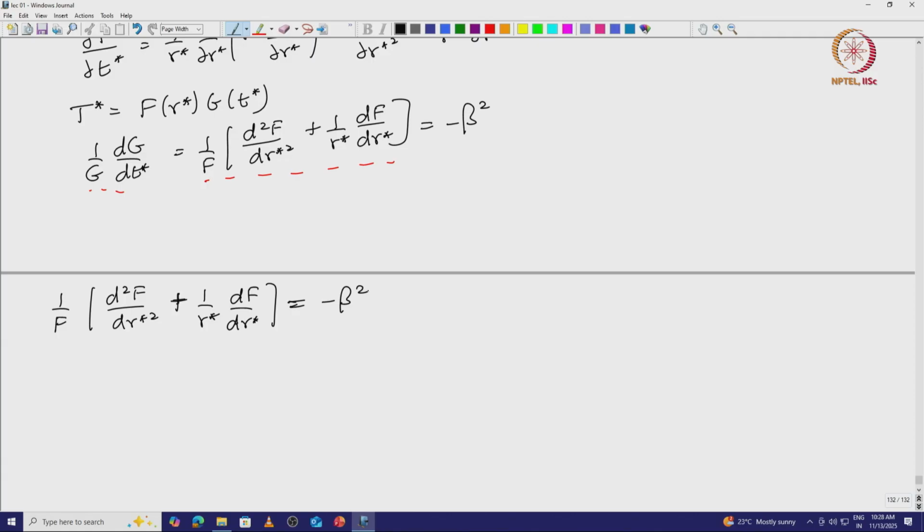Multiply throughout by f and I will get a term f on the right side, and I once again multiply throughout by r star square and bring the term on the right side to the left side. So I will get r star square d square f by dr star square plus r star df by dr star plus beta square r star square f. This is equal to 0.